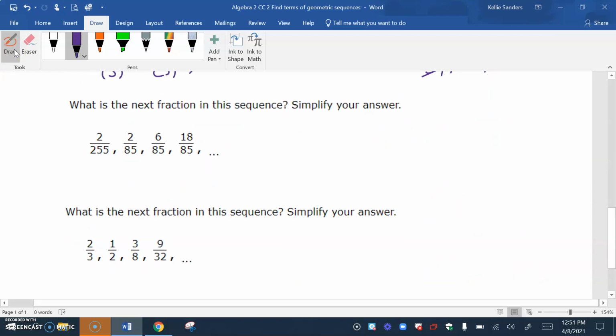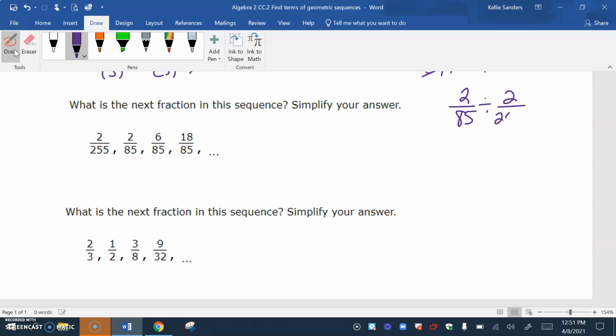What is the next fraction in this sequence? So take 285 and divide it by 2 over 255, which is the same thing as 2 over 85 times 255 over 2. Those will cancel, and 255 divided by 85 is 3.